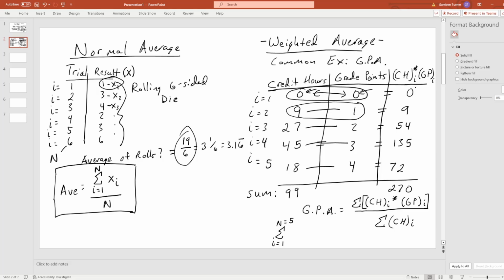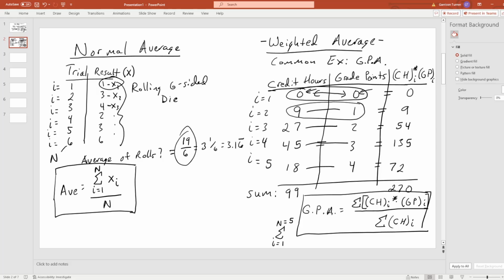So the way you take your weighted average to calculate your GPA is you take this product of your grade points and your credit hours, just as we've done. 0 times 0 is 0, so that's your index of 1. 9 times 1 is 9, that's your index 2.